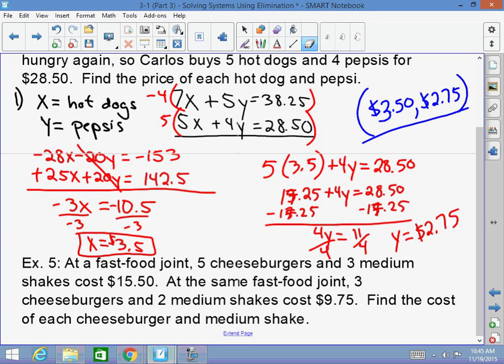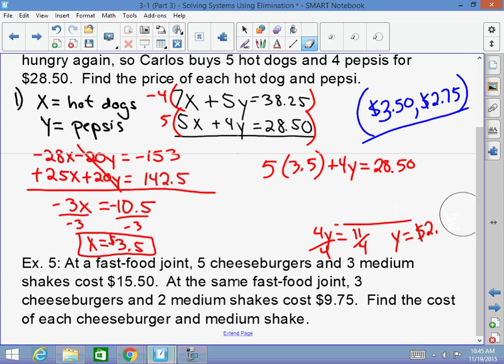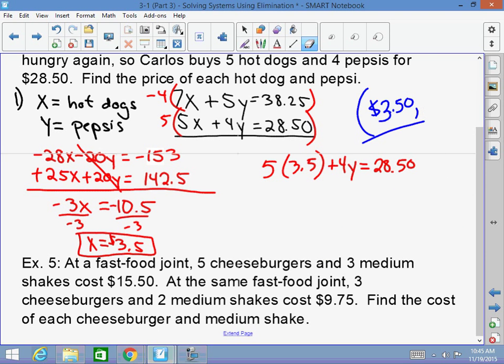Okay. How about we learn how to read and pay attention? That by we I mean me. 5 times 3.5 is 17.5 plus 4y equals 28.5. Right? Okay.